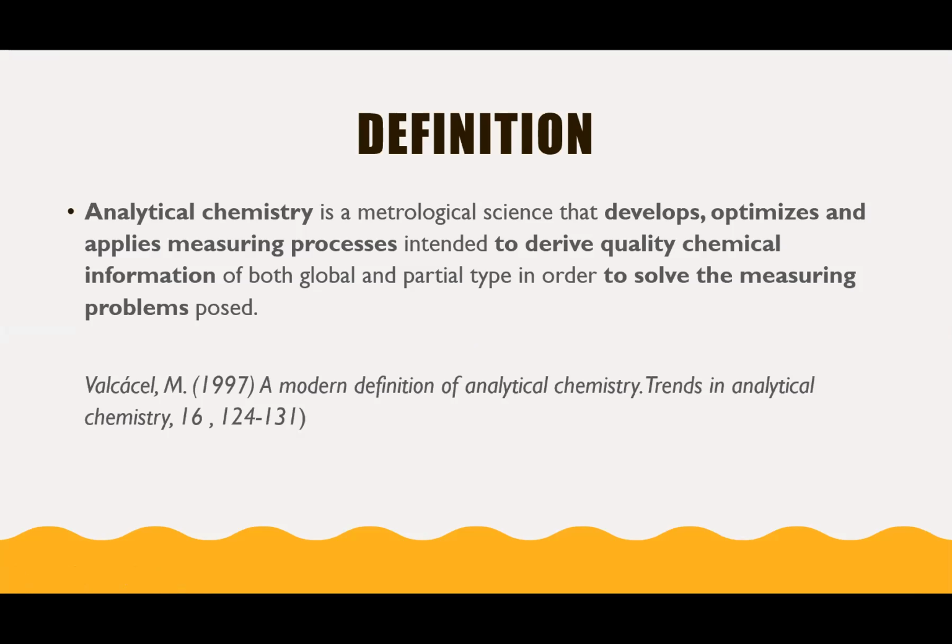So when we talk about analytical chemistry, we talk about developing methods, optimizing methods, and applying the measuring methods for us to derive quality chemical information. We want to know chemical information of our sample, okay, by using appropriate measurement techniques to solve the measuring problems. All right.